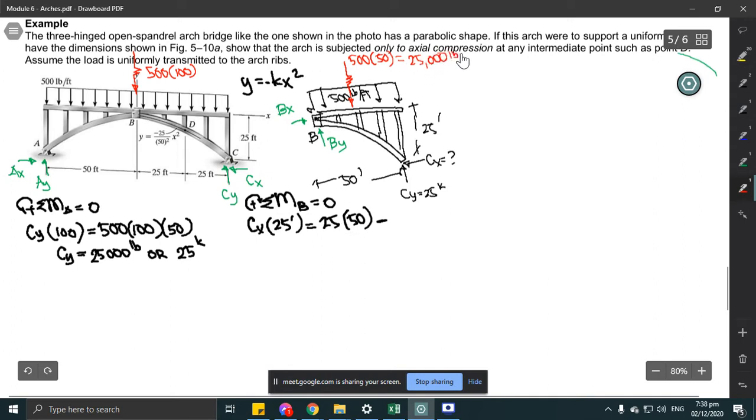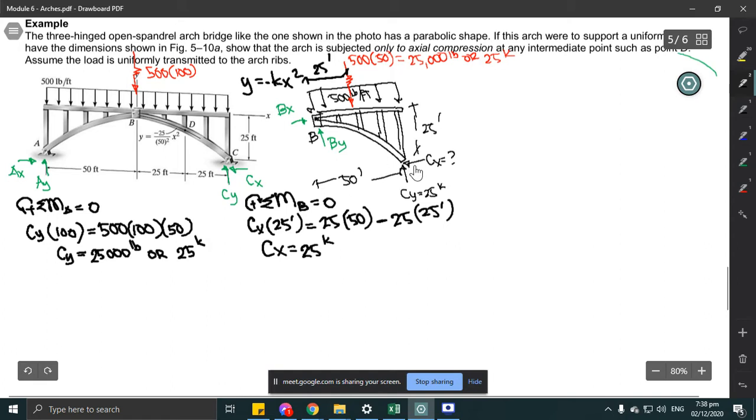So 25,000 pound or 25 kips, kasi ito na-kips din eh. So that will be 25 and then multiply by the distance. So ito na yung moment arm niya. Itong distance na to is kalahati lang ng 50, or that is 25 feet. So times 25. So we will have an answer for Cx, which is equals to 25 kips.